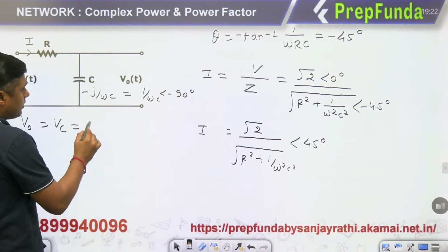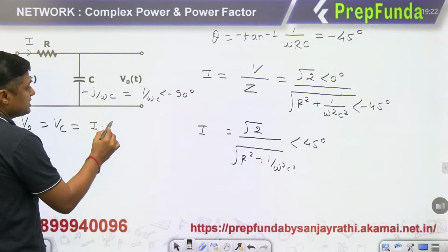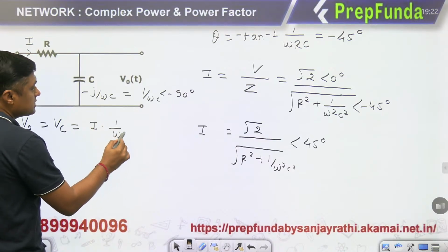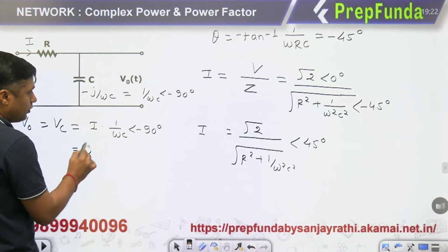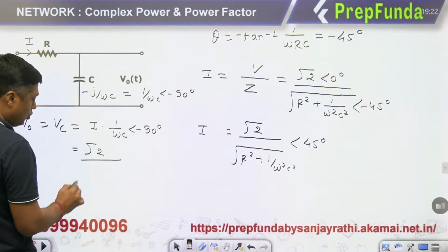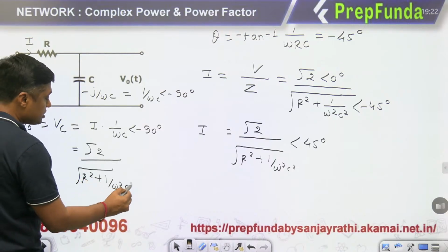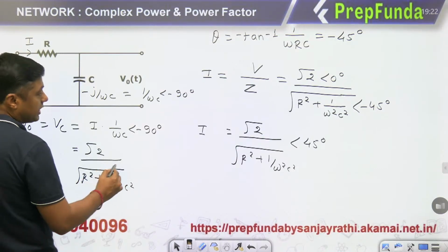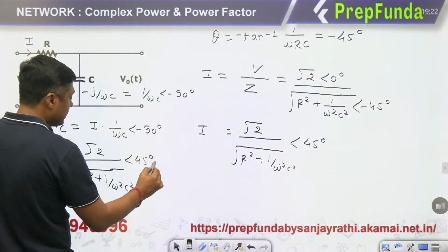Then it will become I into ZC. What is the ZC? 1 by omega C, minus 90 degree. Now you can multiply root 2 divided by root over R square plus 1 by omega square C square. This angle is 45 degree and this is minus 90 degree.